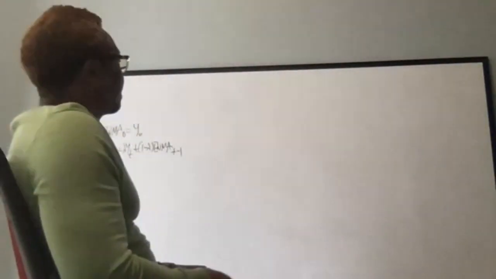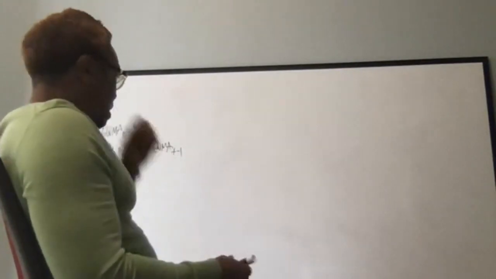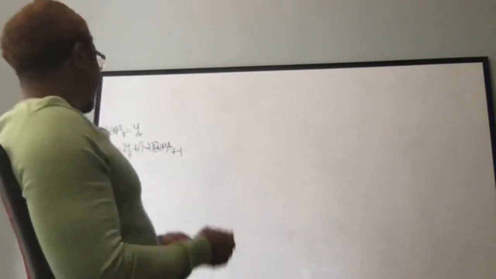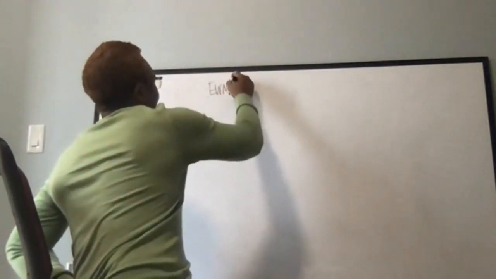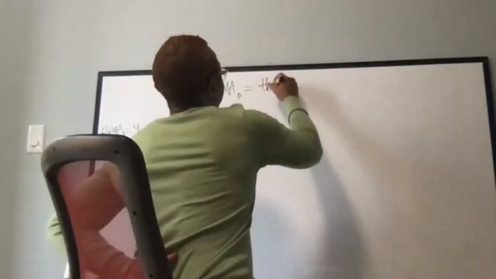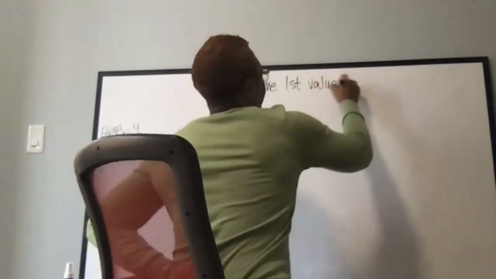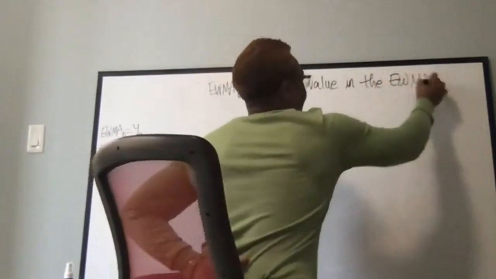Okay, so let's define, let's see, the best way to do this. Okay, so when I have EWMA 0, that is the first value in the EWMA column.